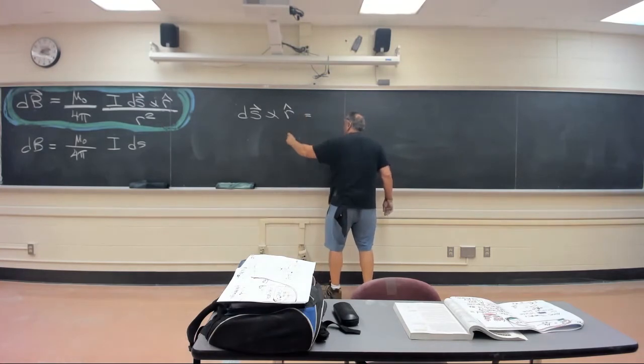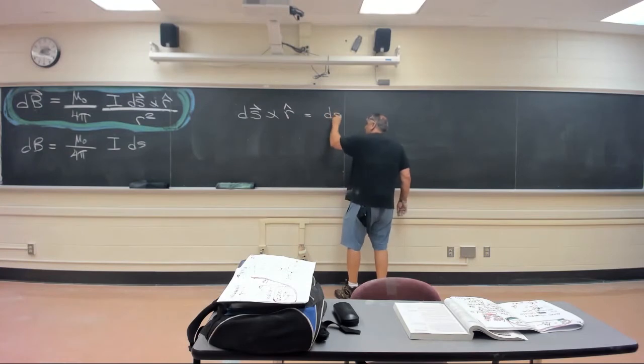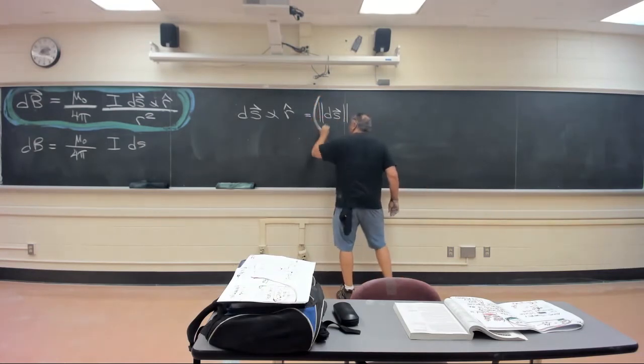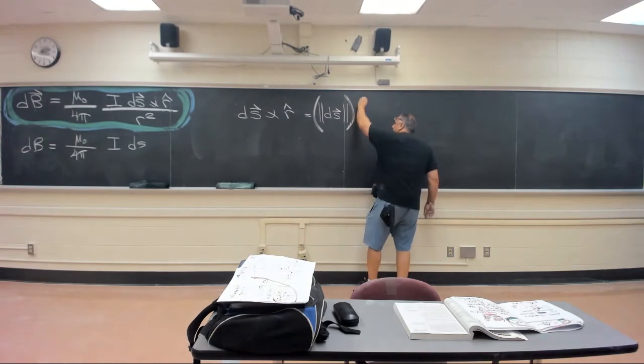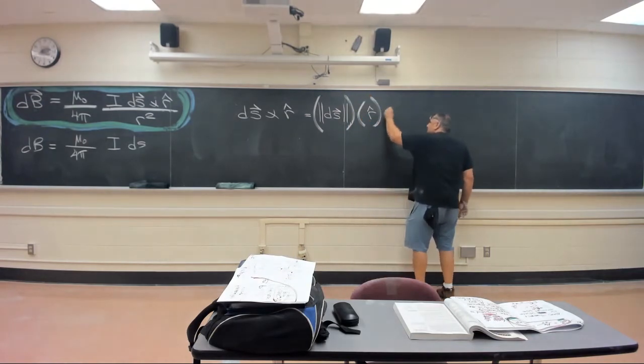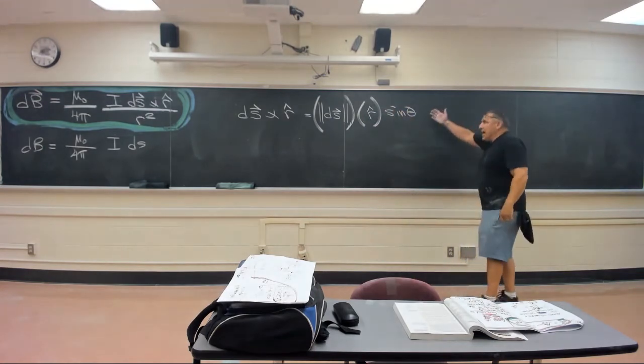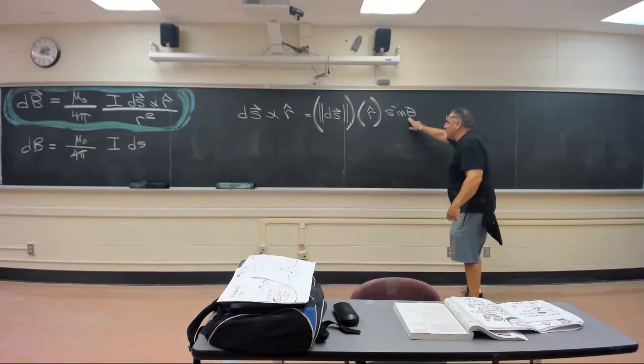A unit vector is size 1. This becomes the size of ds vector times the size of r hat times the sine of the angle between them, and that's the sine of the quantity 180 minus theta, which equals the sine of theta.